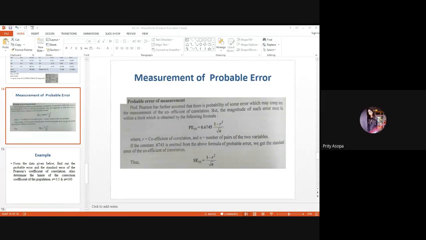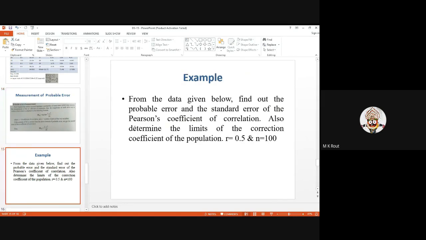From the data given below, find the probable error and the standard error of the Pearson coefficient of correlation, and also determine the limits of the correlation coefficient of the population.